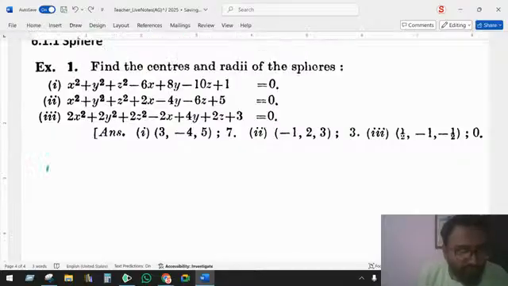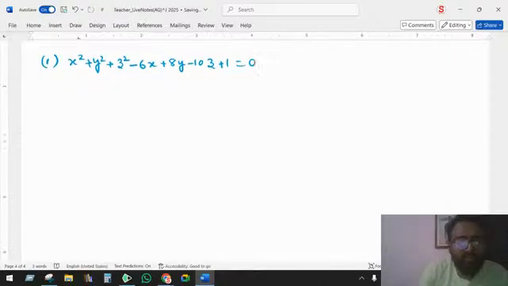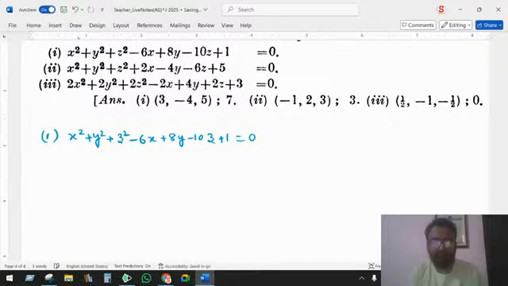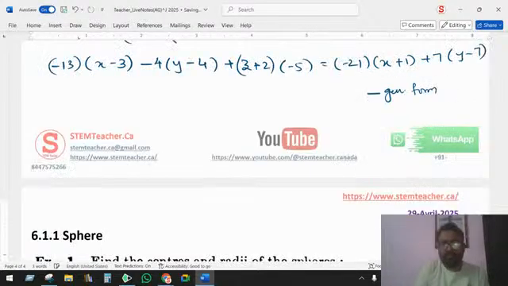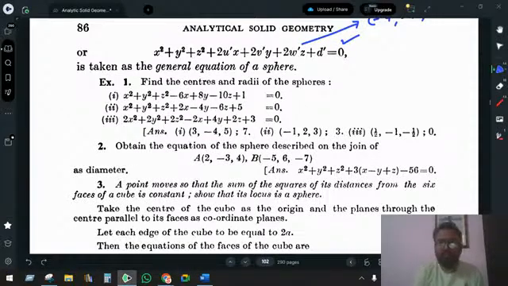So the first equation is x square plus y square plus z square minus 6x plus 8y minus 10z plus 1 is equal to 0. In the previous case, what is the coefficient of x?